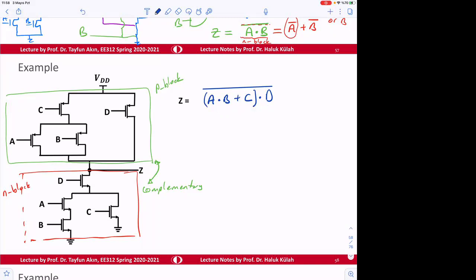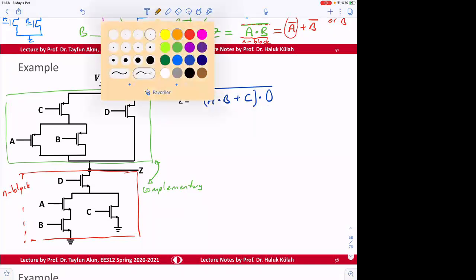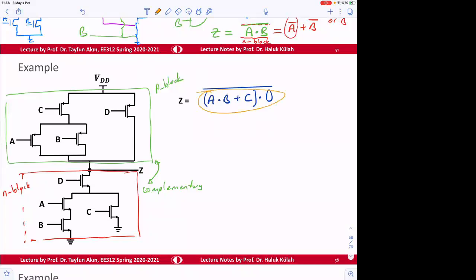Okay, maybe when high, then the output will be low.